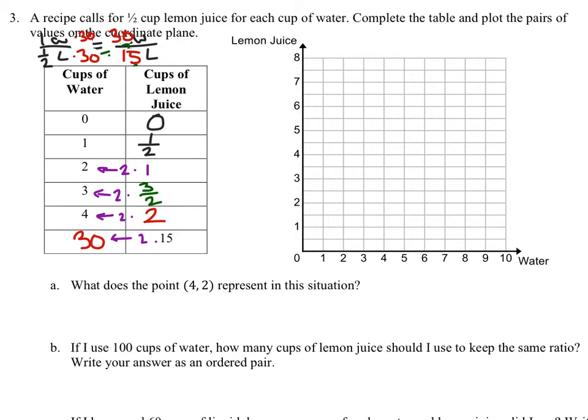So we should be able to graph these now. So I have this point at 0, 0. I got 1 and 1/2. Then we got this 2, 1. And 3 and 3/2.